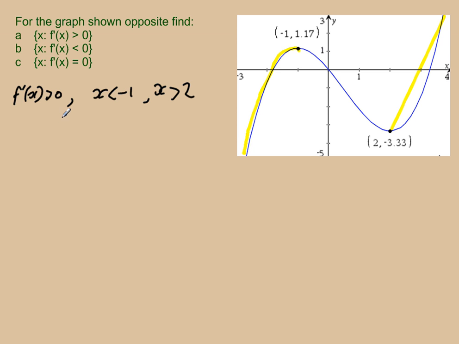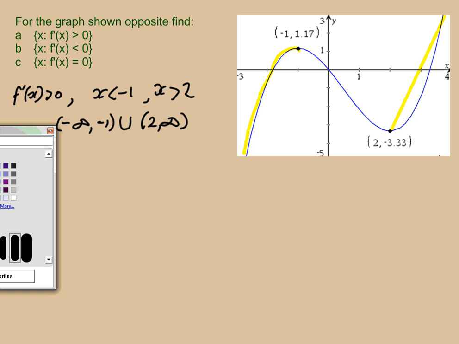So I can write that as (negative infinity, negative 1) and (2, infinity).